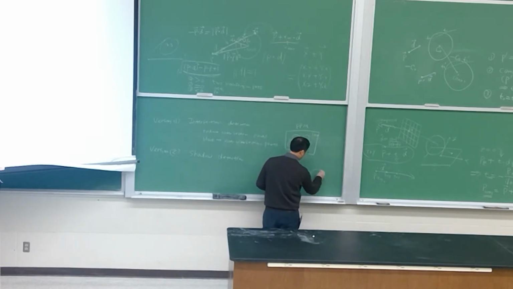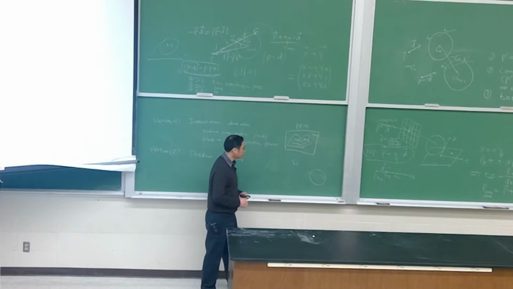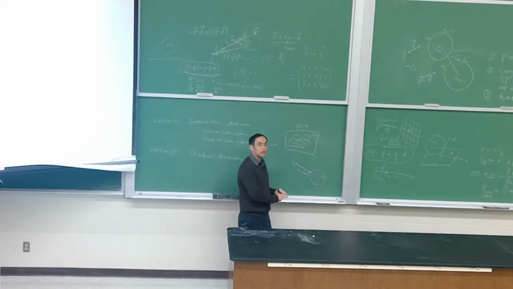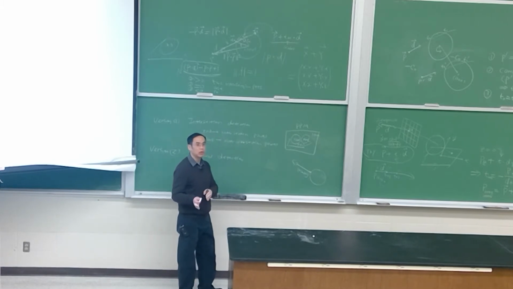You have a sphere, just consider one object here. So this will give you the primary ray, starting from the viewer to the object. Of course, if you don't see any intersection, then that's it. You go to the next case.